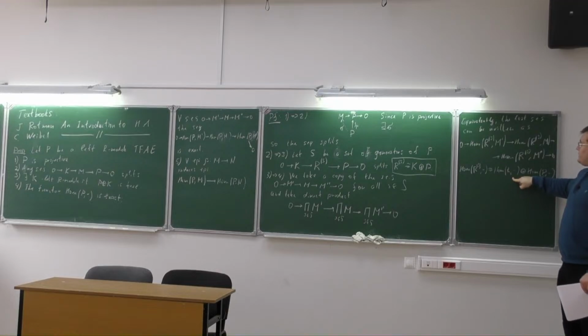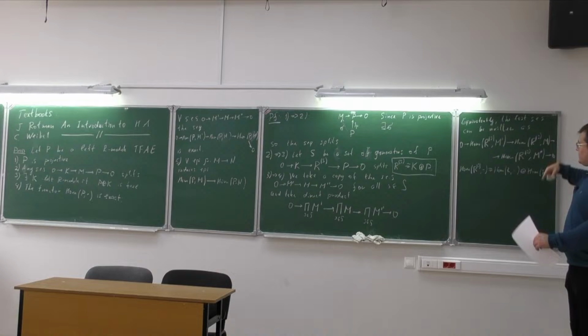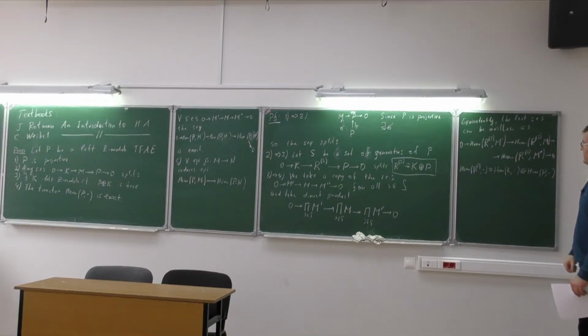Now, if I have a short exact sequence which is a sum of two sequences, Homs for K and Homs for P, it separates this exact sequence into a direct sum of two short exact sequences. And if this is exact, a direct summand is also exact. Otherwise, you'd get some homology at some positions.